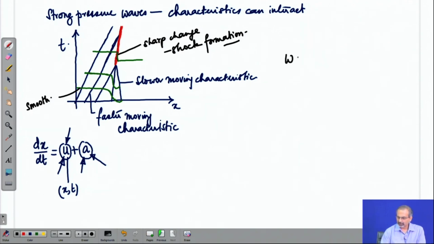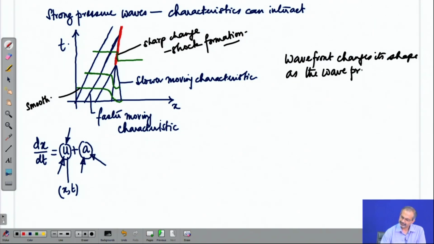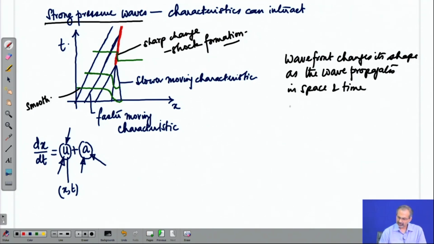So, the wave front changes its shape as the wave propagates in space and time for a strong pressure wave. These are often called as nonlinear waves.